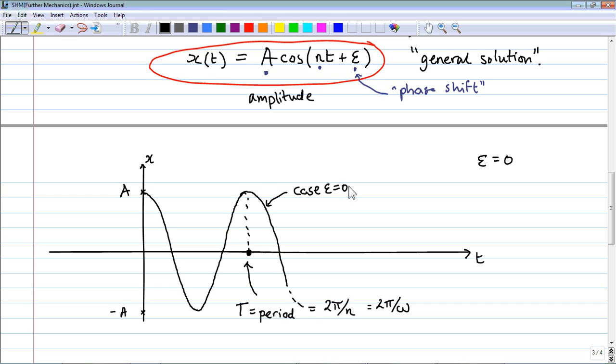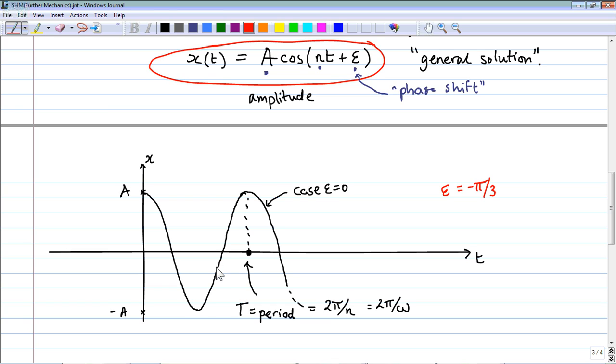Well, what would happen if epsilon were a different value? It would just shift the graph. For example, I'll use a different colour for this. Let's use red to represent epsilon equals minus pi over 3, just as an example.